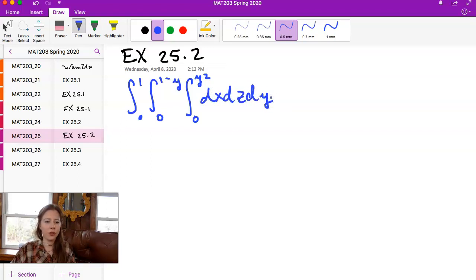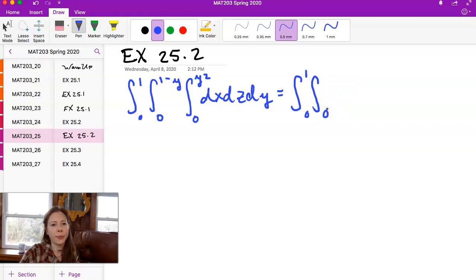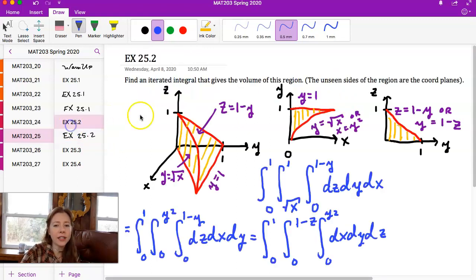Okay, we have 2 more combinations we're going to try. So this is going to be equal to then, let's put x back on the outside again, and that'll go from 0 to 1. Let us do z next. So this z has to be in terms of x, okay? So this can get a little trickier.